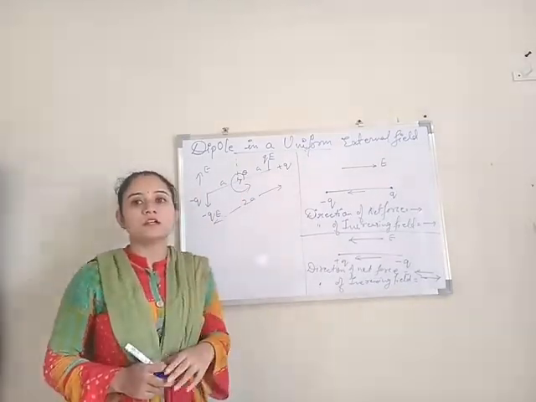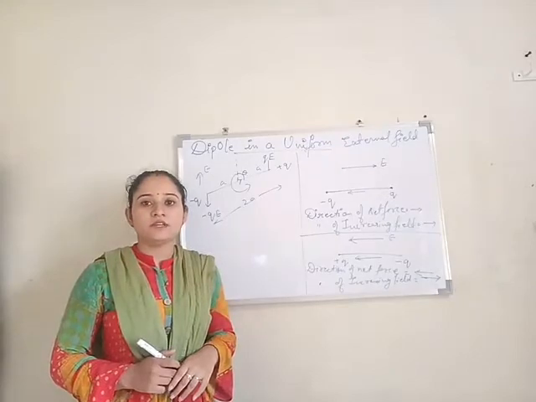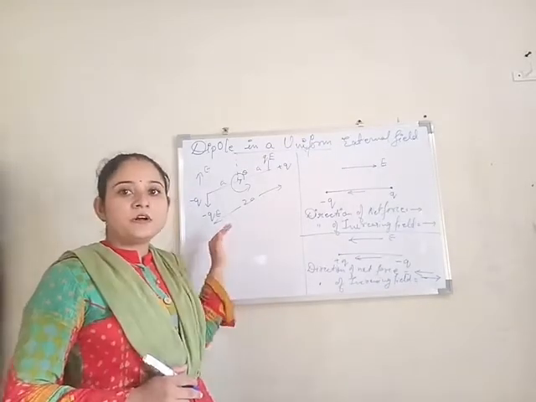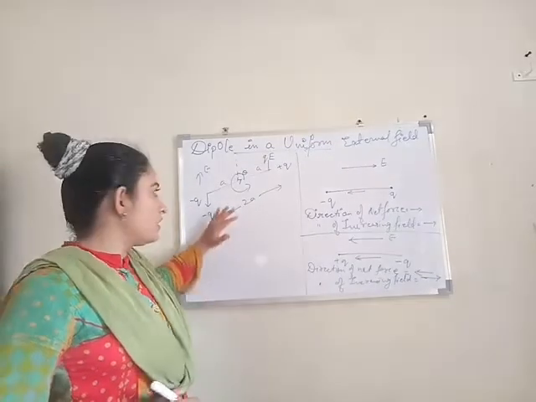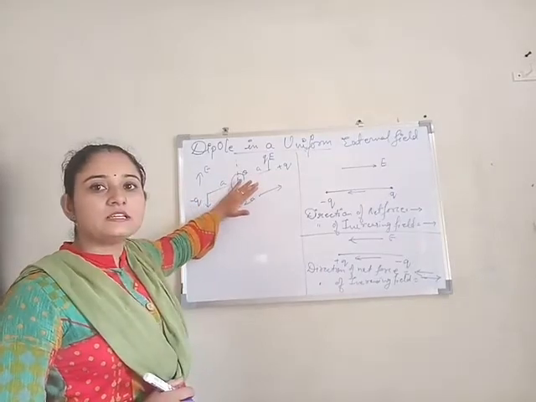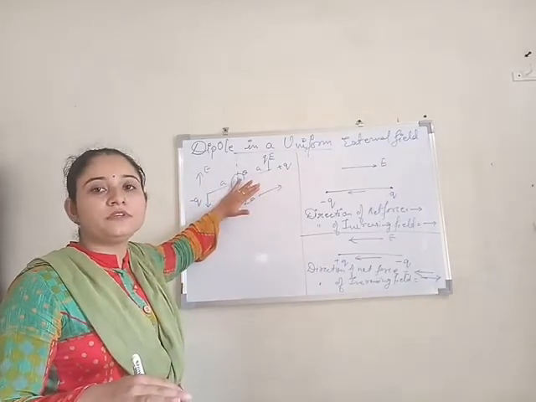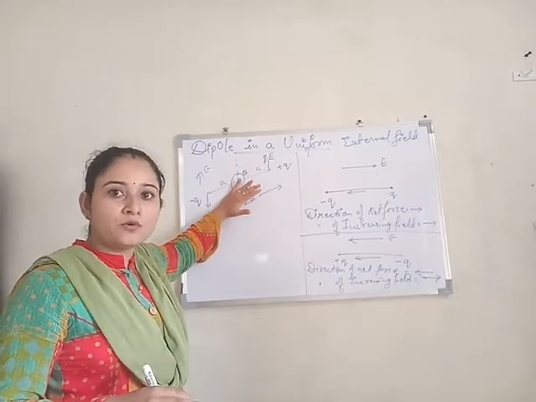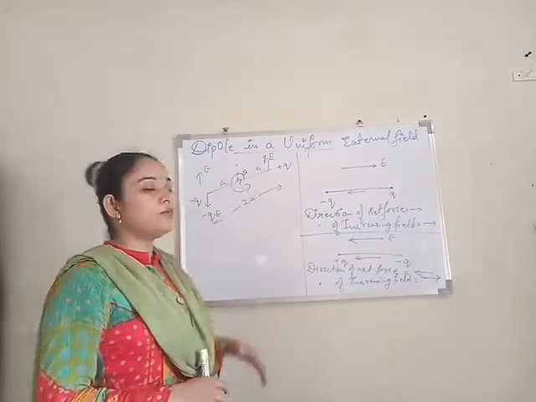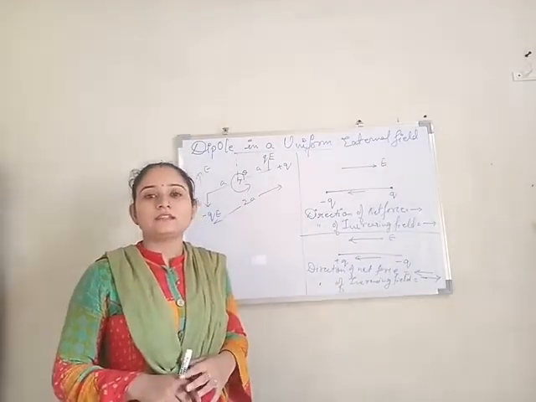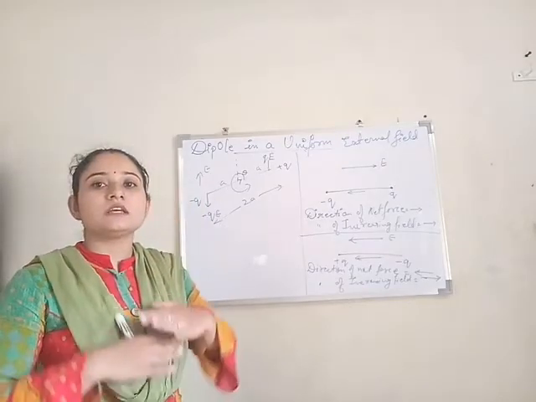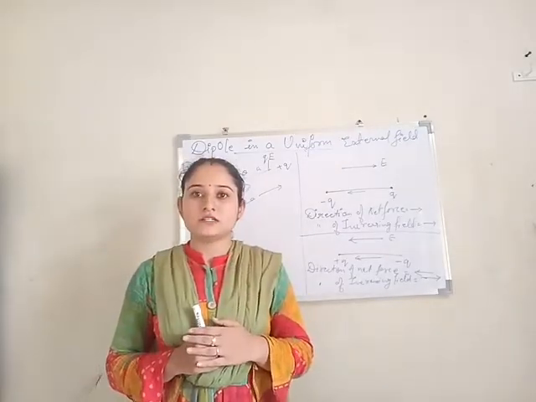When it is kept in an external electric field, it aligns its permanent dipole moment. When a dipole is placed in an external field, it possesses the dipole moment, so the dipole moment P and external field E come parallel with each other.